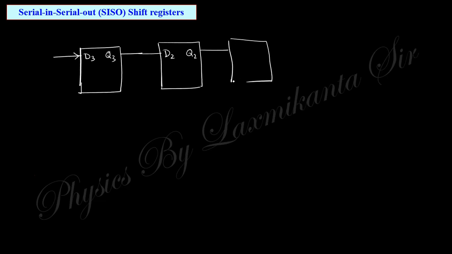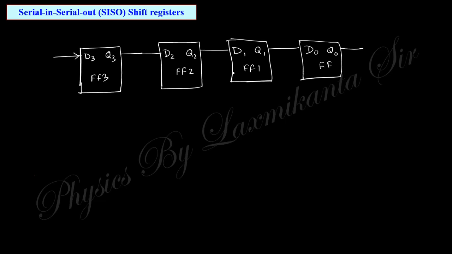Next D type flip flop, D1, this is Q1. Next D0, Q0. This is flip flop 1, flip flop 2, or even reverse. This is flip flop 3, this is flip flop 2, this is flip flop 1. Okay, no problem. 1, 2, 3, 4, etc.